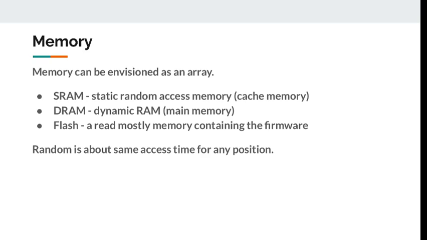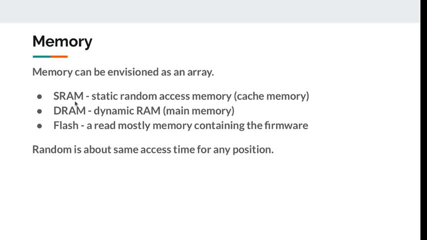Usually when you access a piece of memory, you're probably going to access closer pieces of memory from that one in a short period of time. So it's good to have a really fast memory, even if it's small from the point of view of the main memory, close to the CPU, and that's the SRAM.